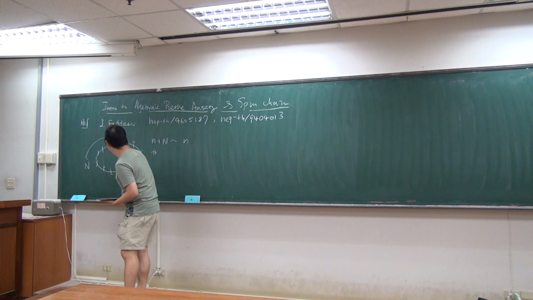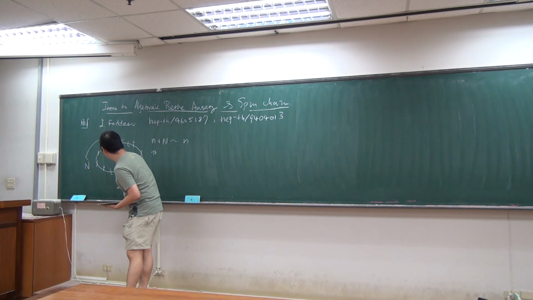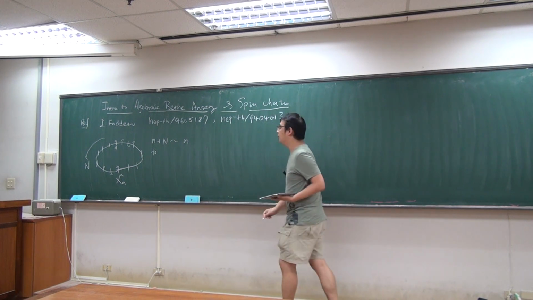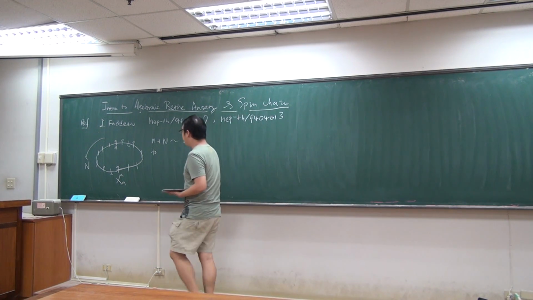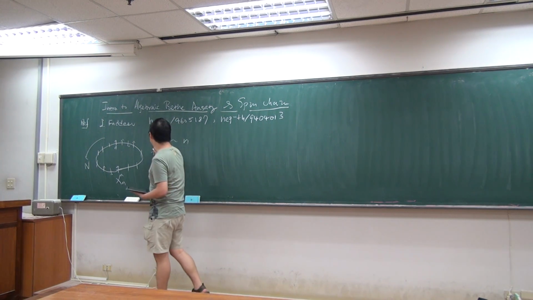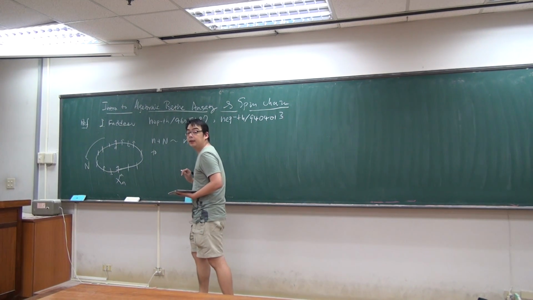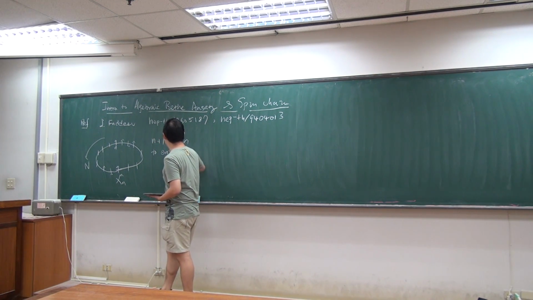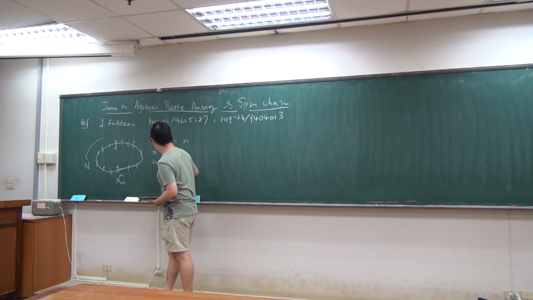For example, for each site, we can associate some observables, usually denoted as x and alpha, and this index is simply labeling which site you're on. We are going to identify indices shifted by capital N to ensure periodicity.